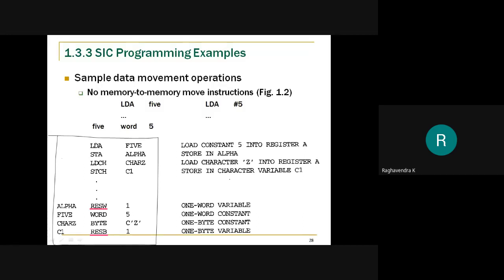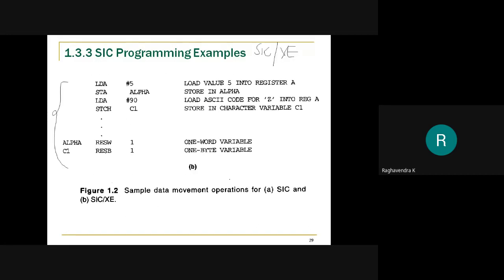All right. So this is the previous program, SIC standard model, and this is the current program, which is for SIC bar XC. Both programs do the same thing. They are moving data from one memory location to another memory location. They're just data movement programs. But in the previous case, we did it like that. So here, do you see any difference?